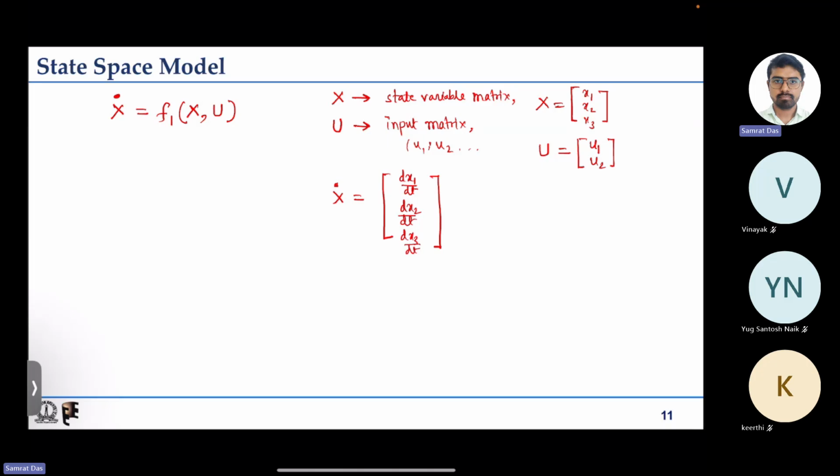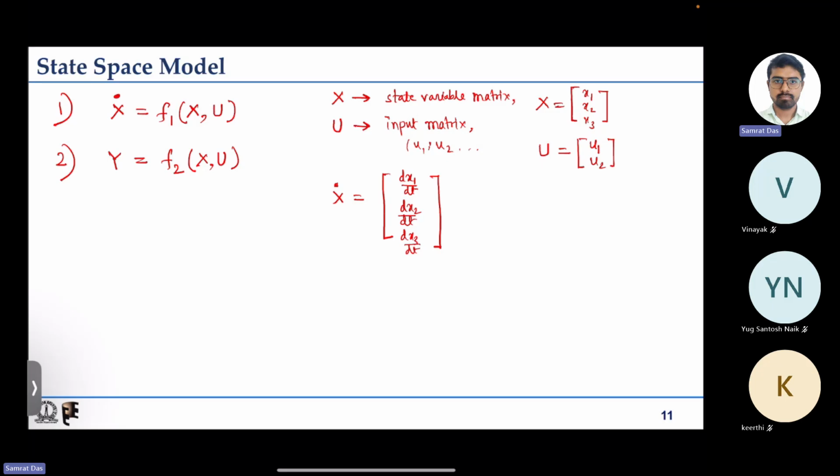So the first equation in state space representation is this. X dot is represented as a function of the state variable matrix X and the input matrix U. This is the first equation, and the second equation is the output matrix. The output matrix is expressed as a function of, again, the same thing, state variables and input.